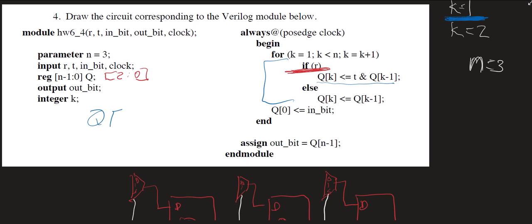Q1 becomes T and Q, K minus 1. K is 1, so 1 minus 1 is 0. So Q1 becomes T and Q0.